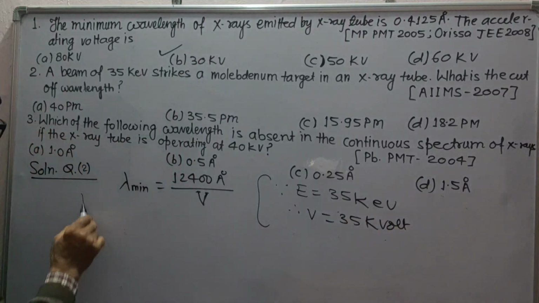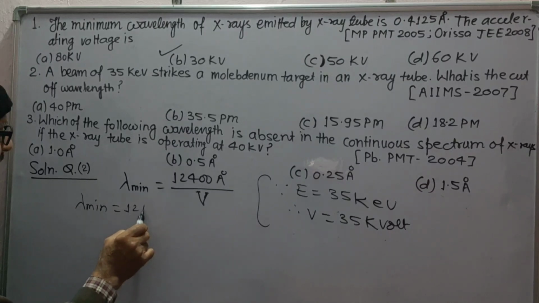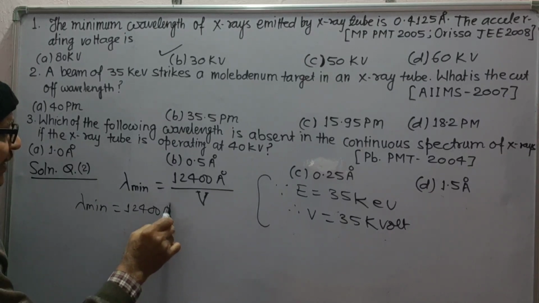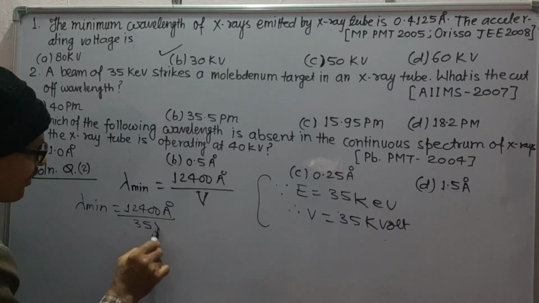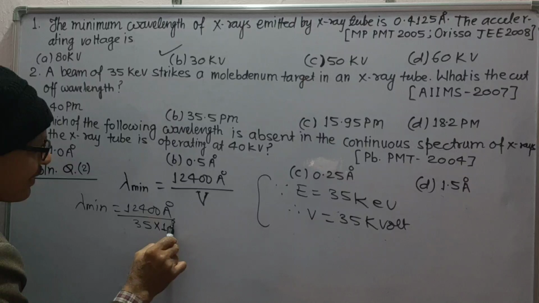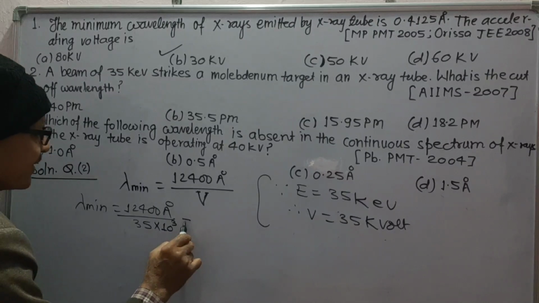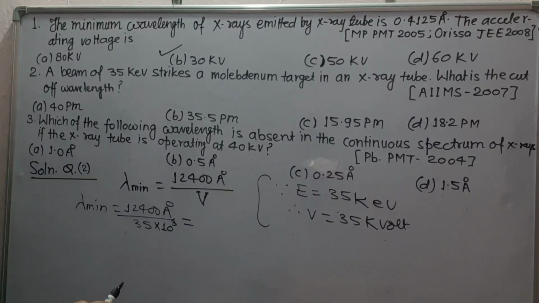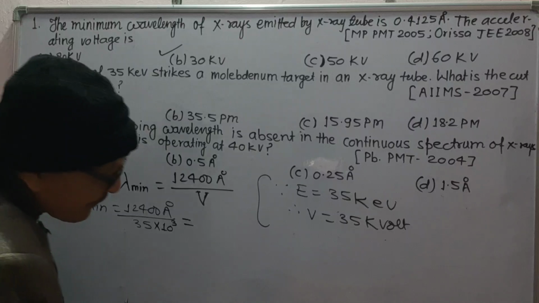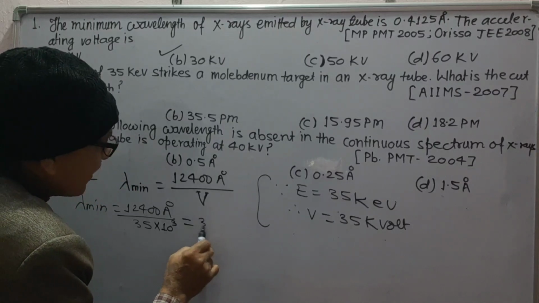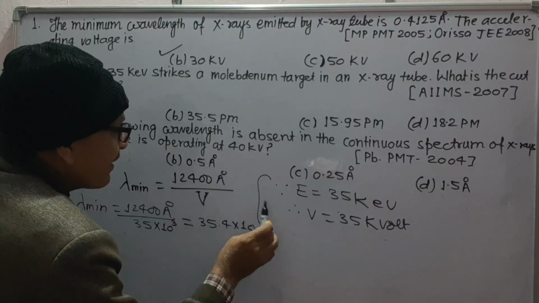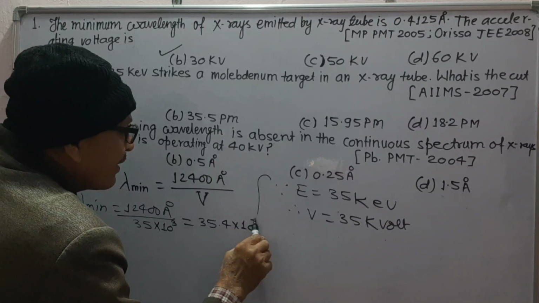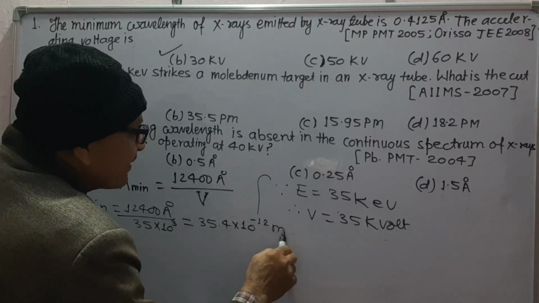So, lambda minimum will be equal to 12,400 angstrom divided by 35 kilo, which means 1000. So, it gives lambda minimum as 35.4 into 10 to minus 12 meter.